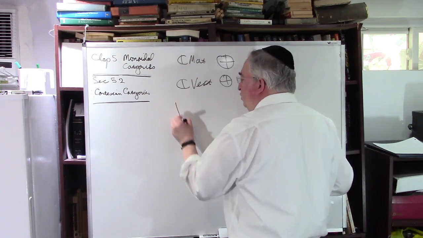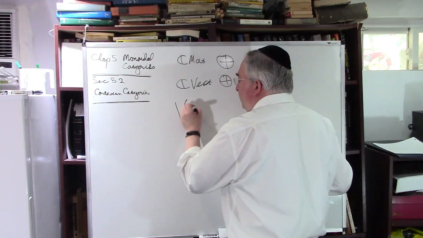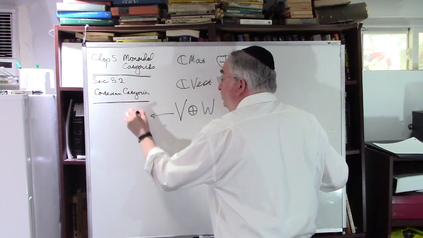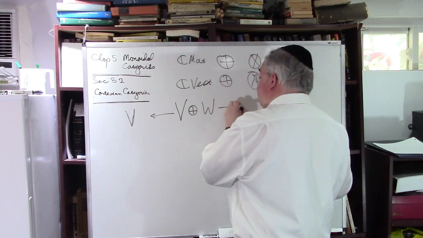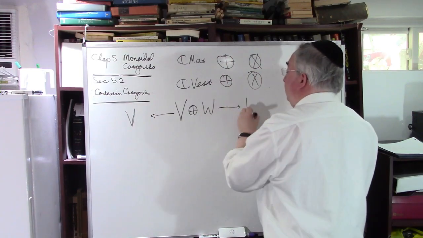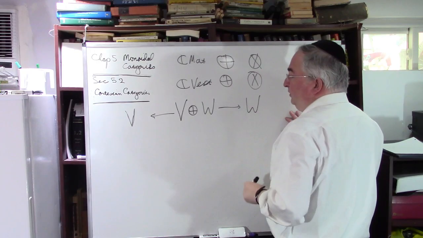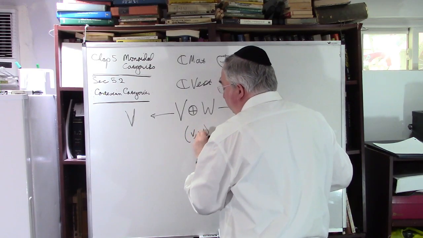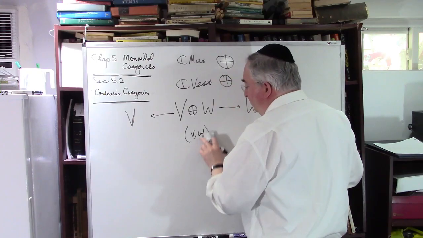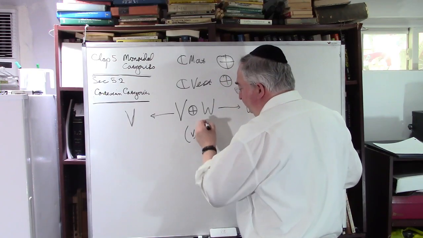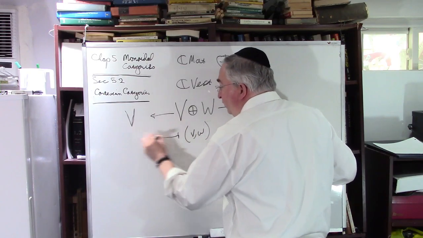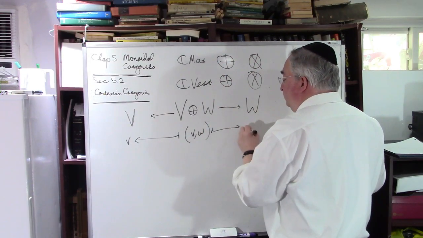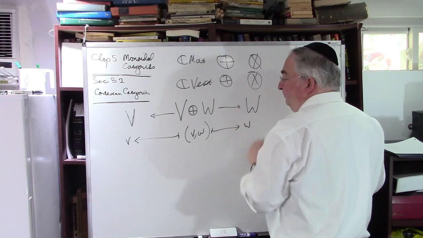For example, you want to show that there are nice projection functions from V plus W to V, and from V plus W to W. So you know what this is. This takes (v, w), a typical element in here, and this projection goes to little v, and this projection goes to little w.